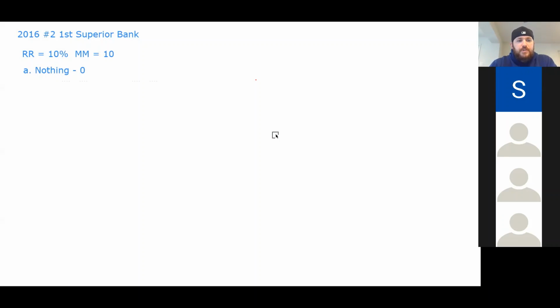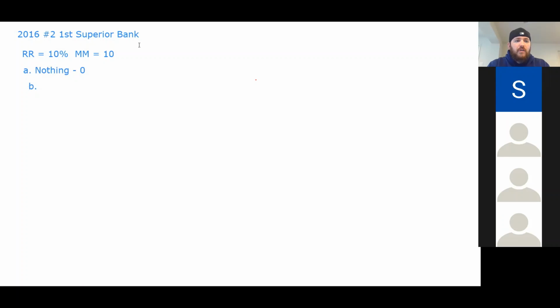B, Mr. Smith deposits $100 of cash in a demand deposit account in First Superior Bank. We want to calculate the maximum amount of new loans that First Superior Bank can now make. Well, we know that we've got a $100 deposit.